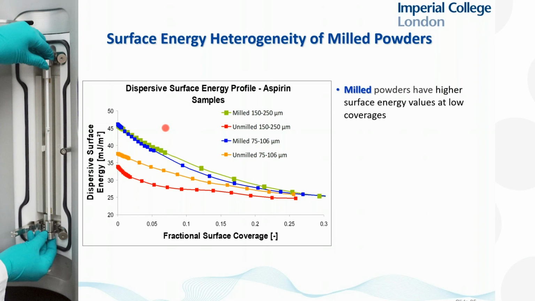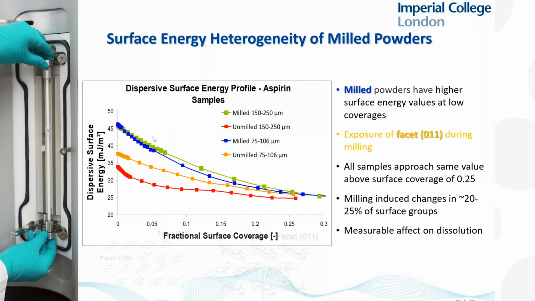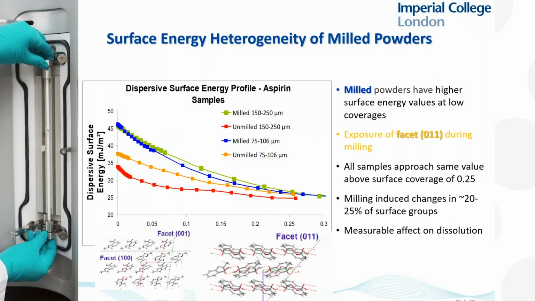In other words, these materials have the same chemical structure, but we're seeing some differences in the thermodynamic landscape of these different materials. So the milled materials, which have higher energies by quite a bit, by 20%, have quite different dissolution properties. And in fact, this also comes back to changes in the surface groups that are present.